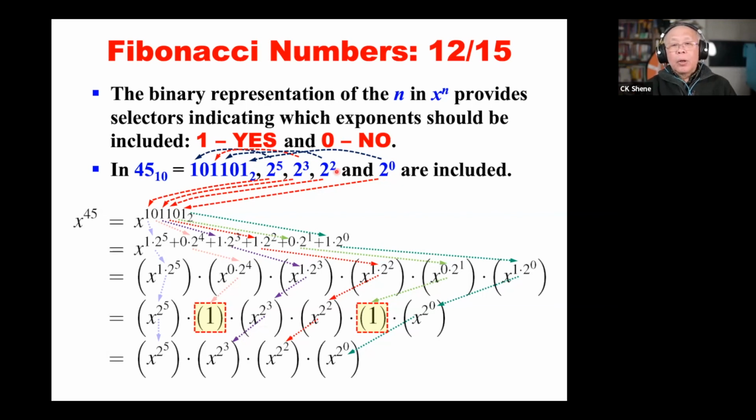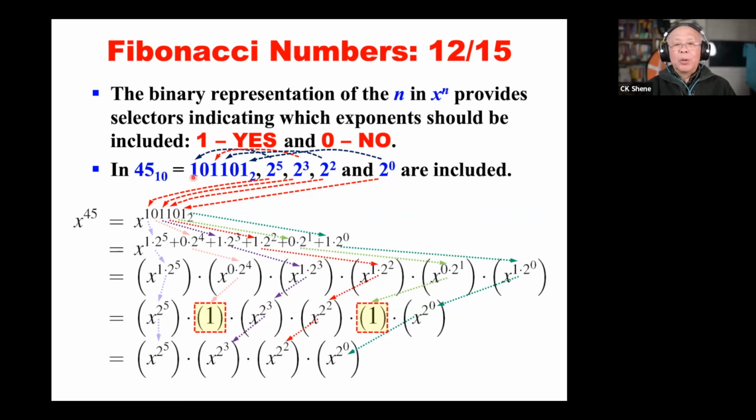And the first power is not needed. Let's trace it back because it has a 0 bit here. So in this representation 101101, we need this one, 2 raised to the 0th power. We need this one, and this one.